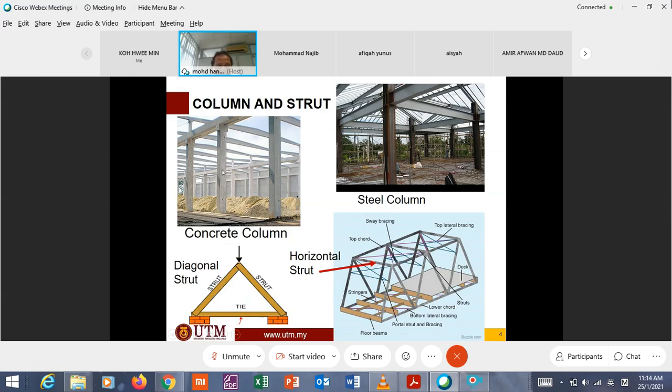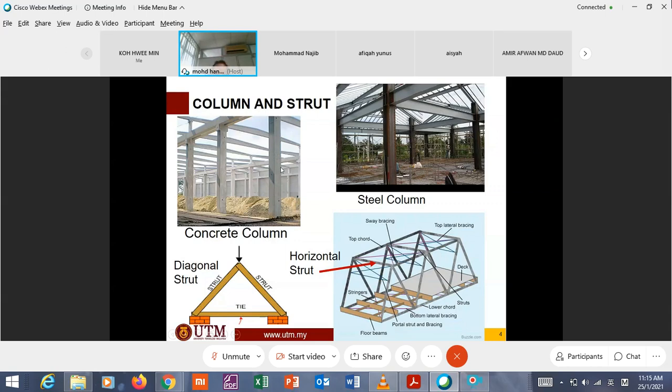Because concrete is brittle, and for structure we need ductility. If it is brittle, we will have catastrophic failure or immediate failure or sudden failure. You compare between concrete and steel. Steel is ductile. You can bend steel without failure, but concrete, if there is no steel, it will rupture.